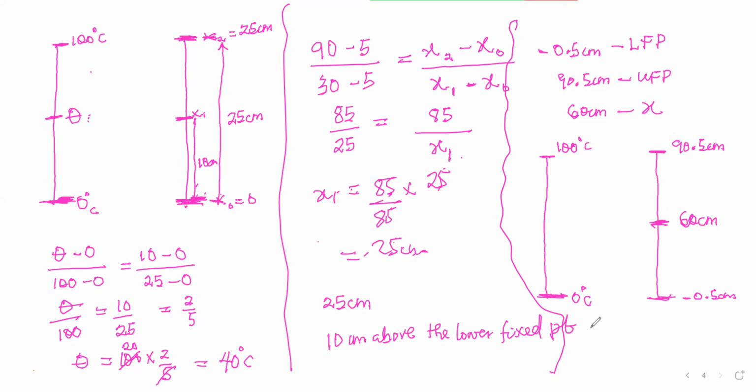So 100 minus 0, then theta minus 0 must be equal to 90.5 minus 0.5 divided by 60 minus 0.5.